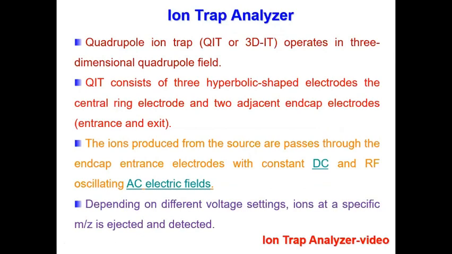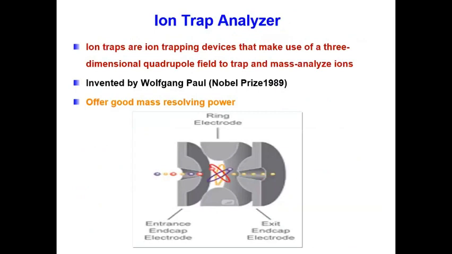Then another one we have is the ion trap. The ion trap is the same as the quadrupole analyzer. In a quadrupole we saw four rods, but here we have three electrodes in three dimensions. Suppose we see three molecular ion peaks from the ionization source entering the ion trap analyzer.